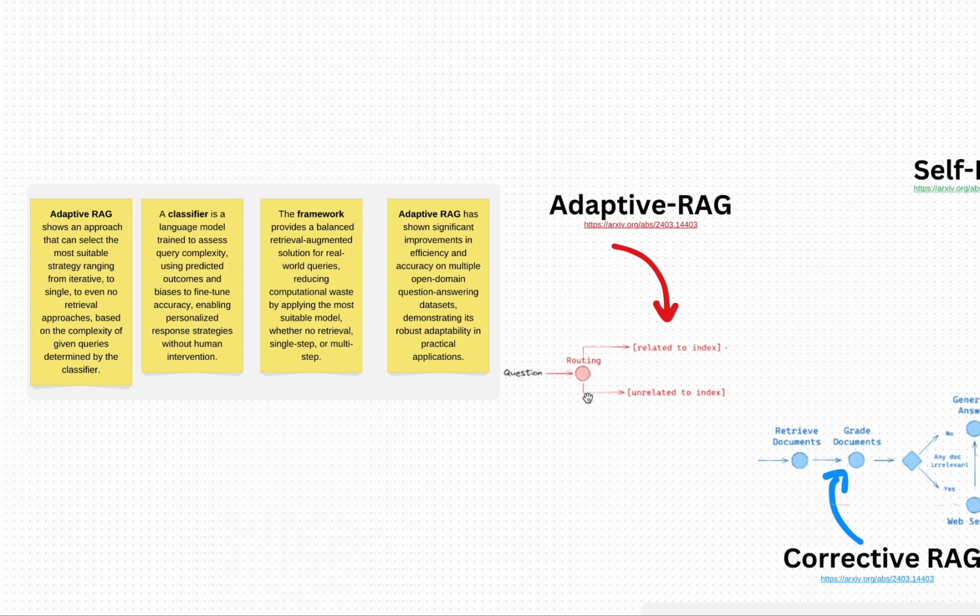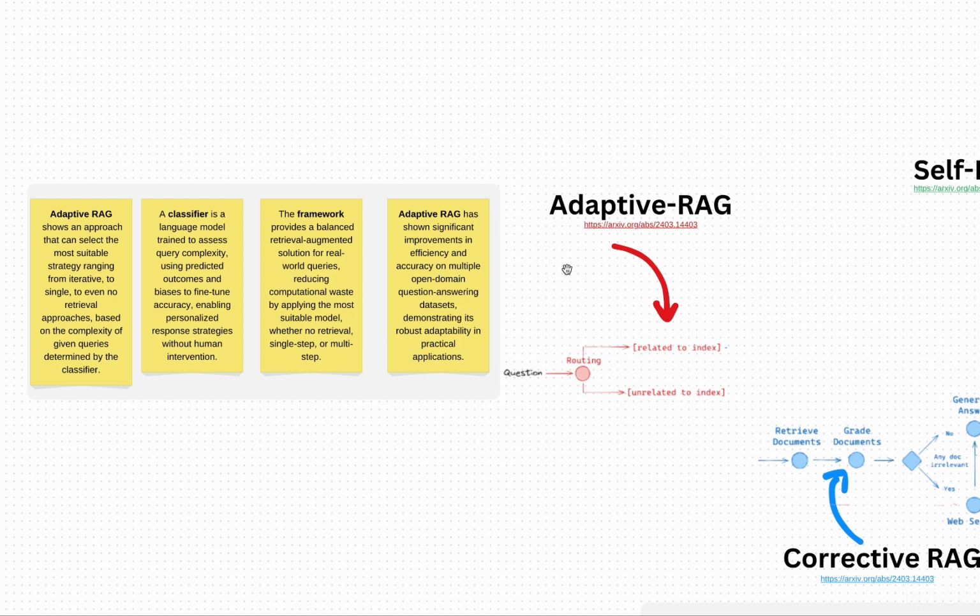So if we go to the paper, we can see the main concept of this adaptive RAG, which is an approach that can select the most suitable strategy, ranging from iterative to single to even no retrieval at all, as we will implement today, like web search. It depends on a classifier, which is a language model that's trying to assess query complexity.